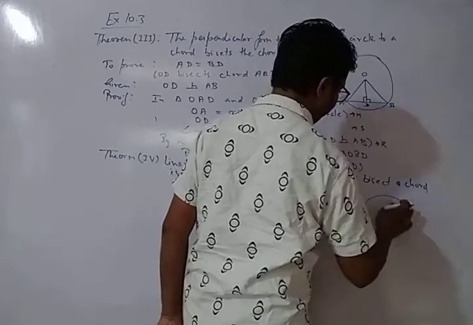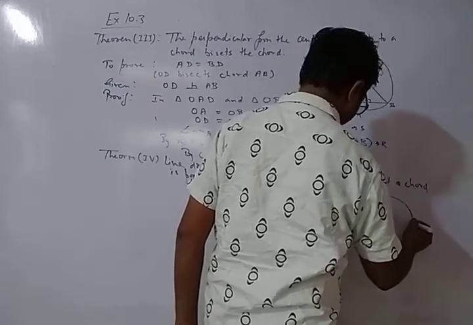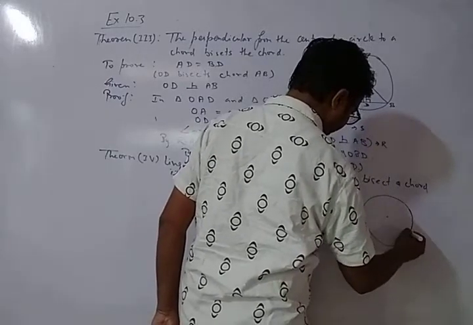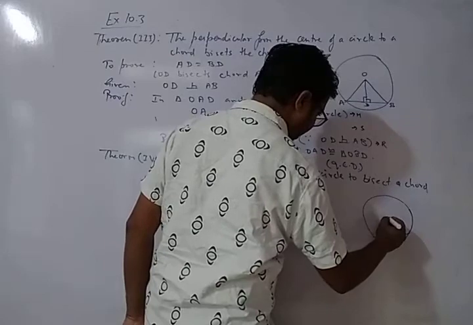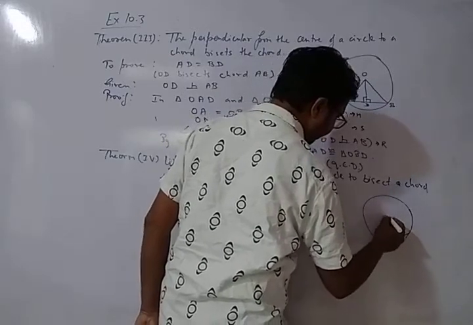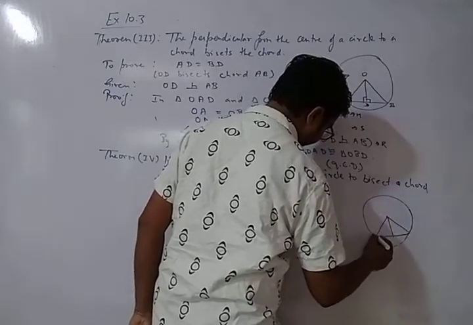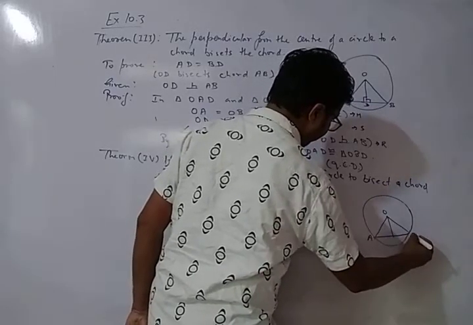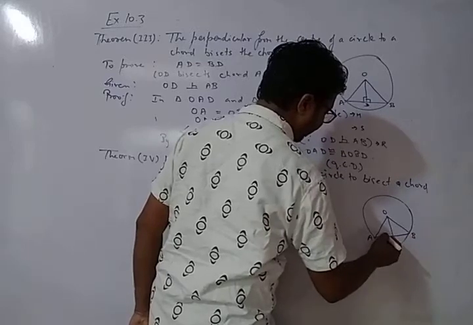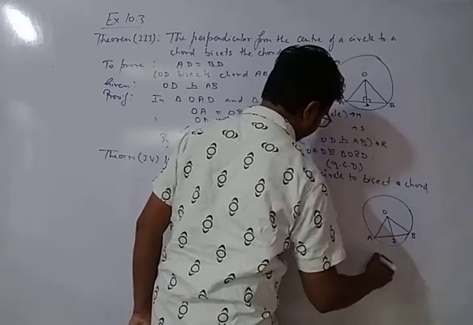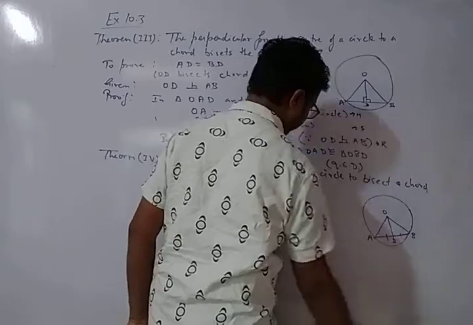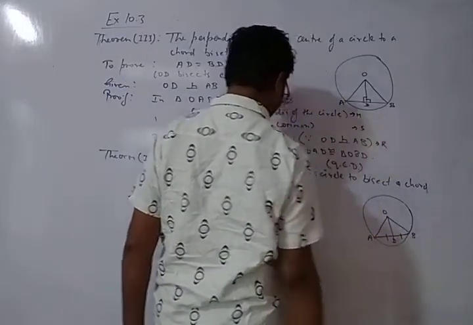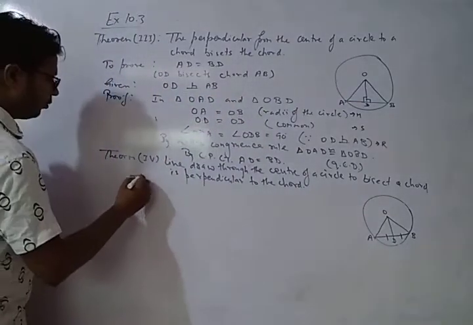जैसे मैंने एक सर्कल बनाया, yes, I have drawn a circle. After that you have to take the center, draw the chord here. O, A, B. Here it is given that the two parts are equal. Is it clear? Now, what we have to prove in that?